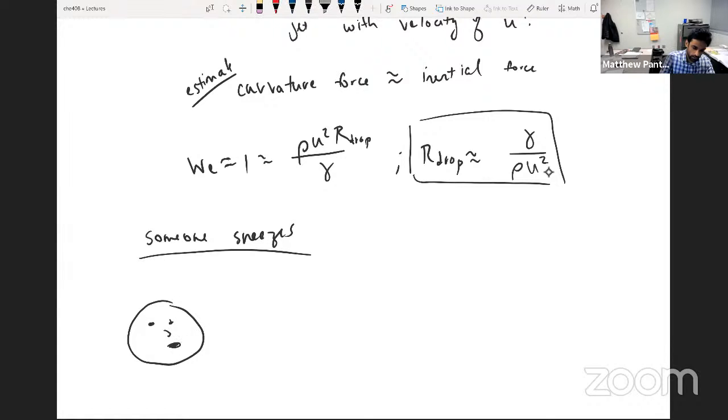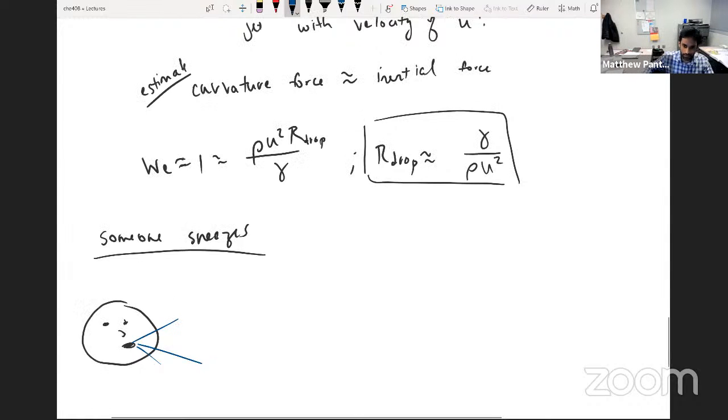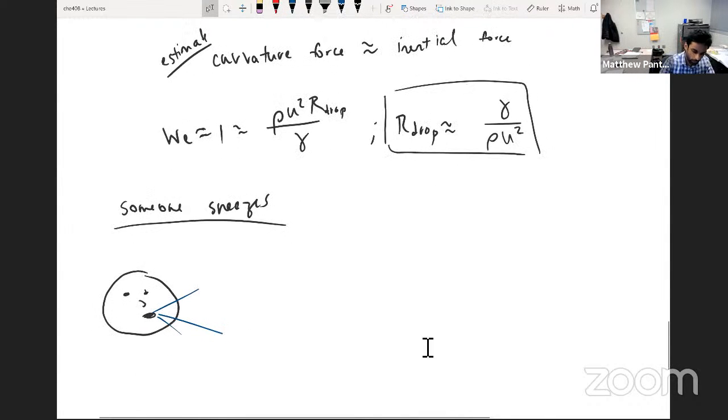What happens when someone sneezes is initially they'll have liquid jets that emanate from their mouth, right? I'm sure many of you have seen videos about this at some point. That will have some velocity. So you can say or coughs. This will also apply. So have some velocity u, right? Both the direction and some magnitude.